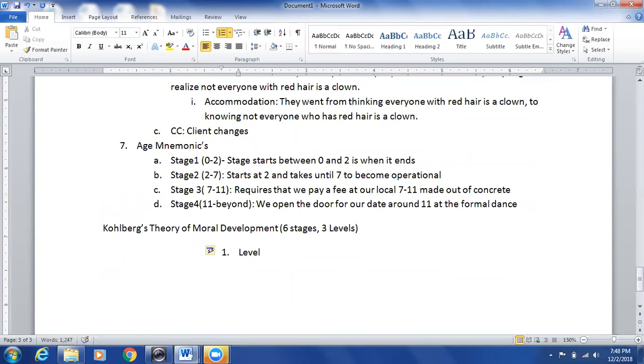So with this, level 1 is pre-conventional morality, and this is before 9 years old.